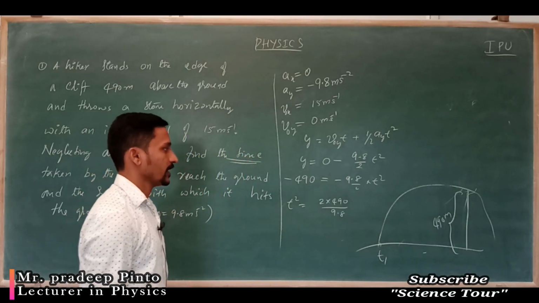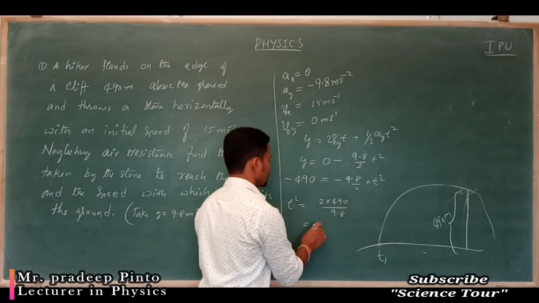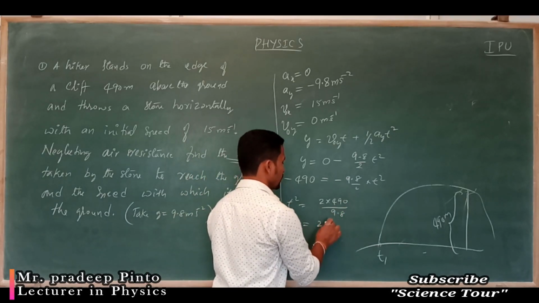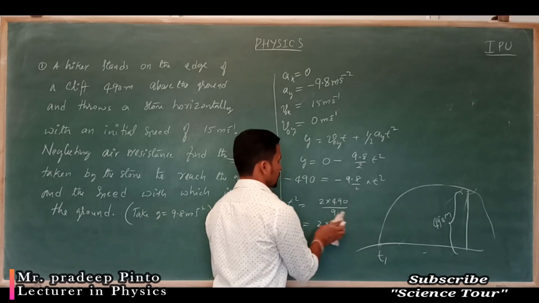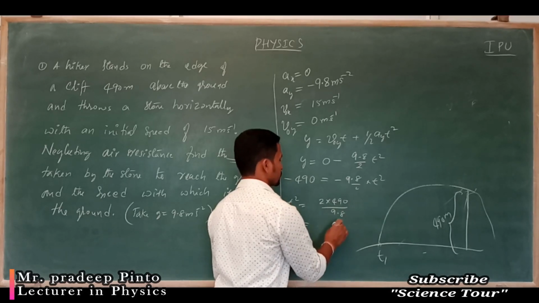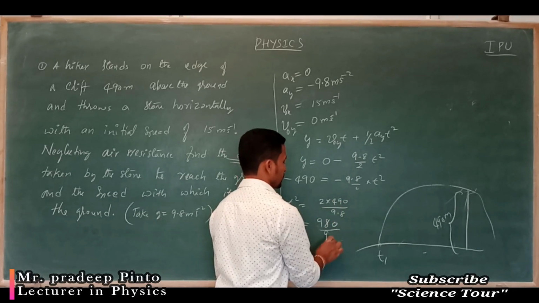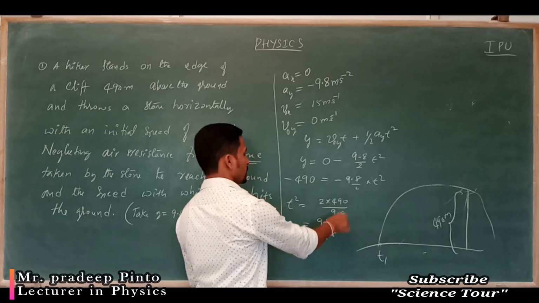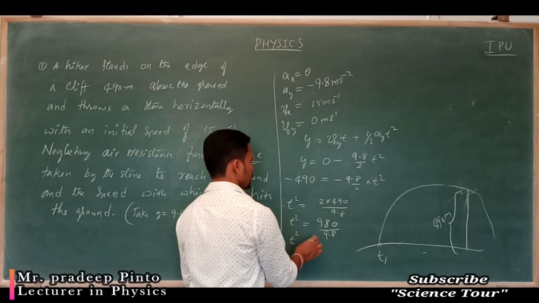980 divided by 9.8. You can see t square equals that.